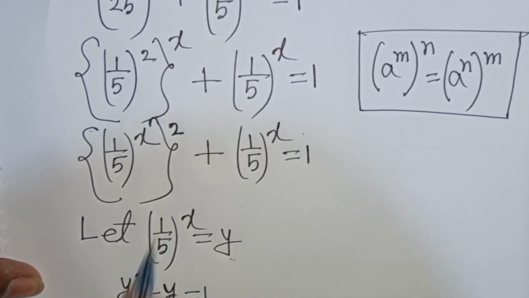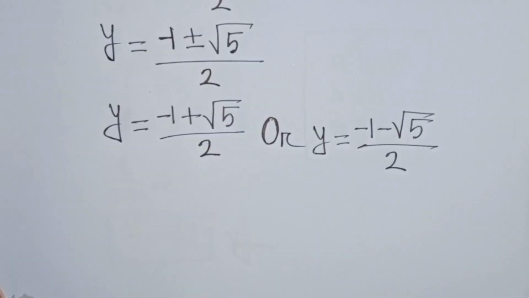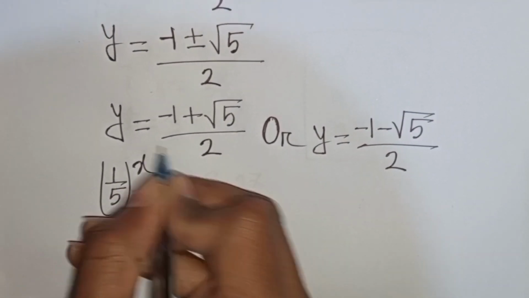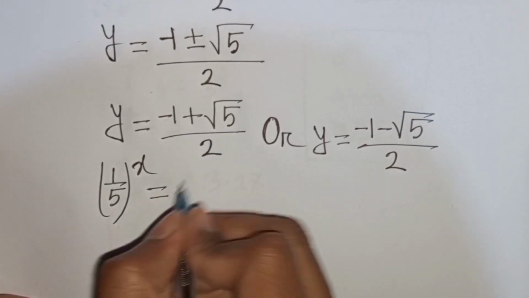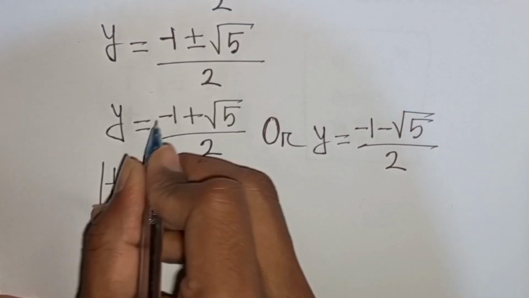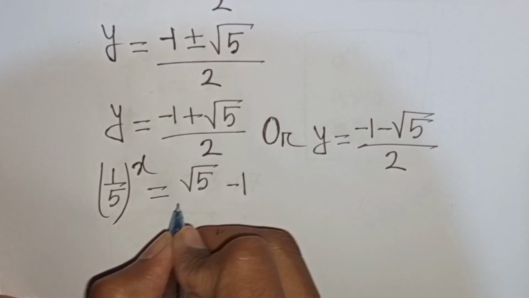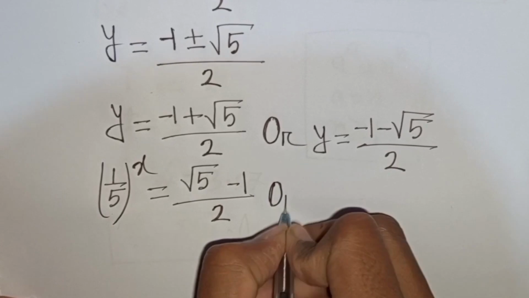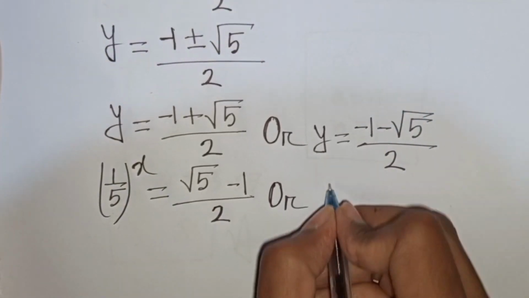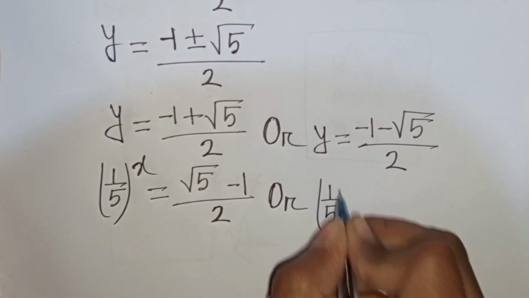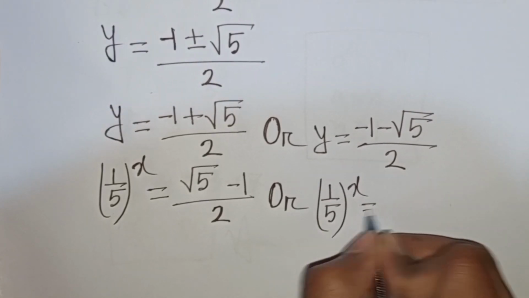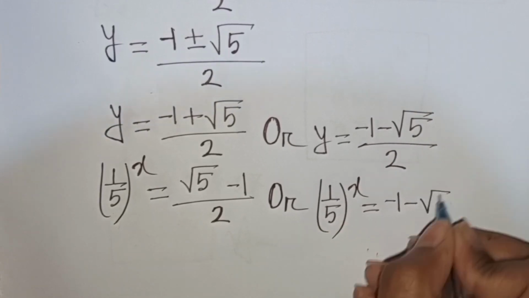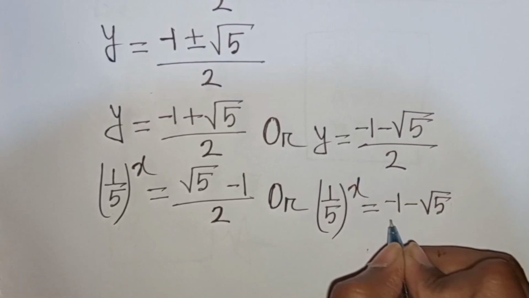So y means (1/5)^x is equal to plus square root of 5 minus 1, divided by 2, or y, that means (1/5)^x is equal to minus 1 minus square root of 5, divided by 2.